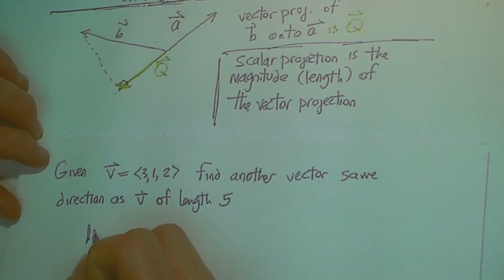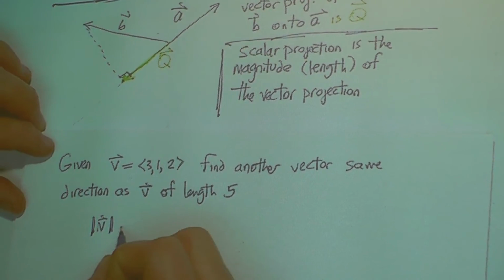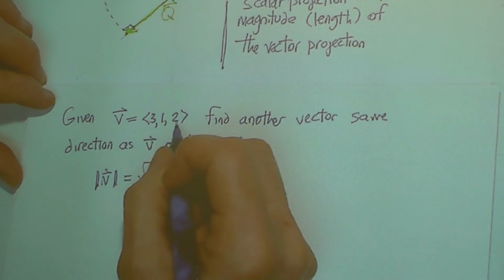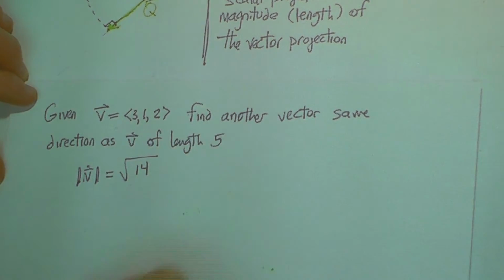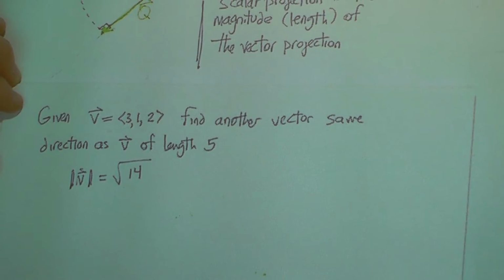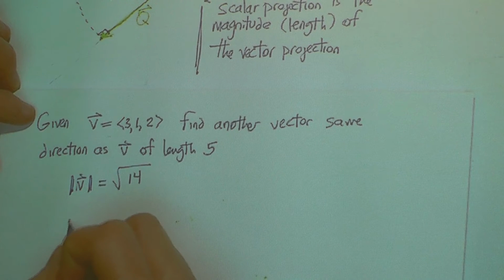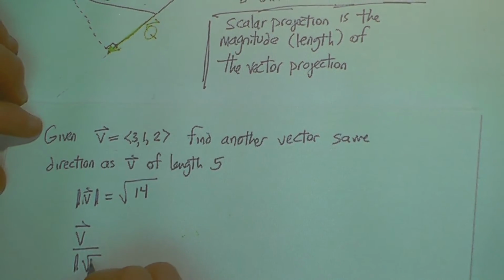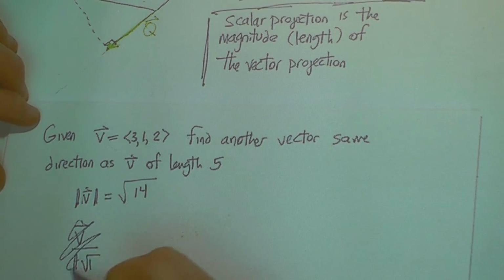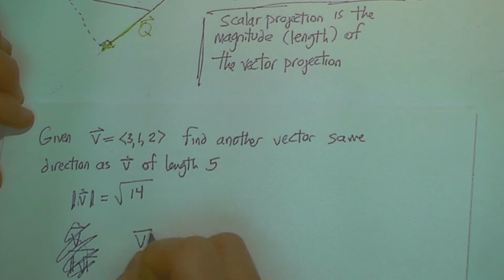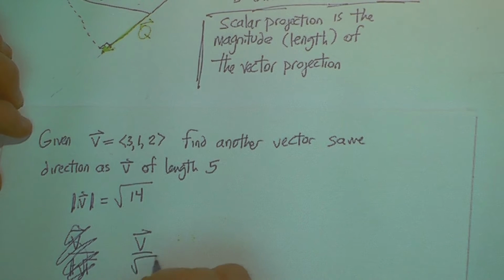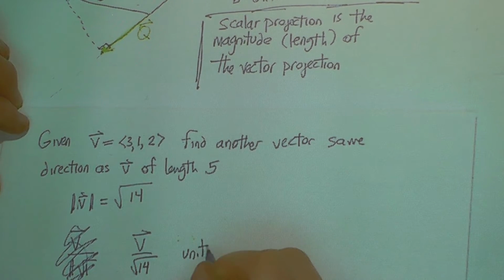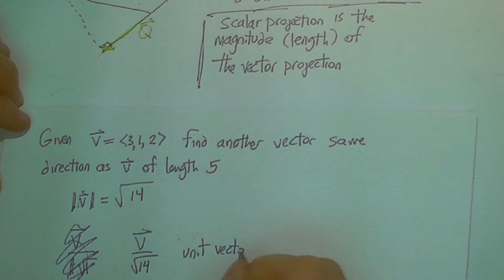The magnitude of V here would be square root of 9 plus 1 is 10 plus 4, so square root of 14. If I take V and divide it by square root of 14, that gives me a unit vector, a vector of length 1.